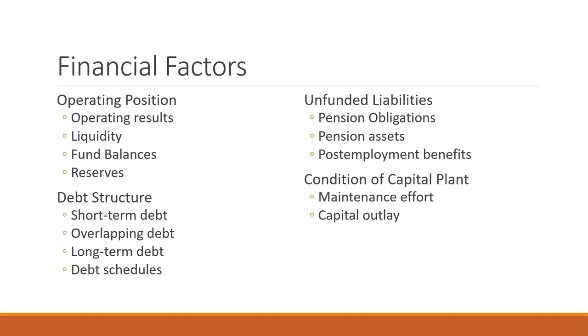So what is our operating position? What's our current fund balances? How much do we have in reserves? What are our pension obligations? We talked about pensions a couple of weeks ago and how cities need to maintain information about their pension obligations and need to have a debt service fund structured towards collecting money for those pensions.